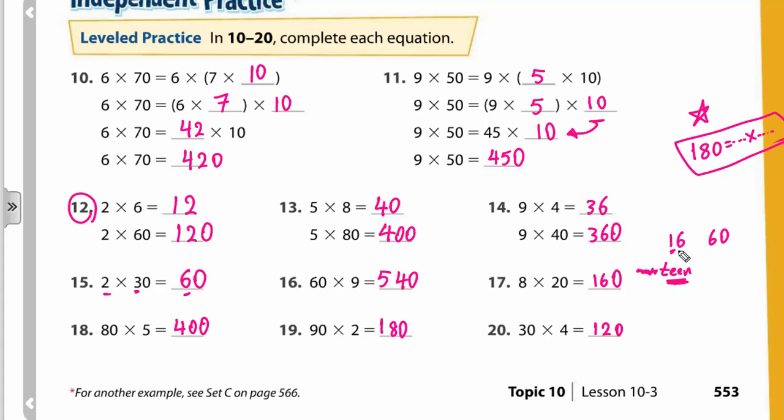So this is 16. And for the other one, when you have 0, these are multiples of 10, we end it with ty. So I read this 60. So this is 16 and this is 60.